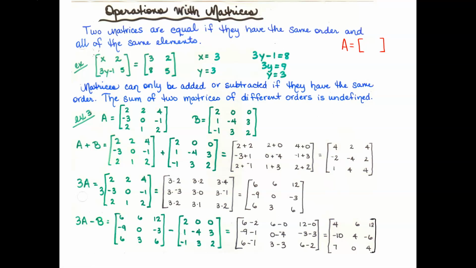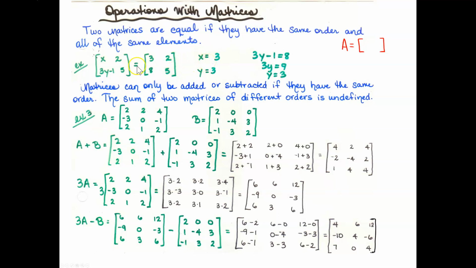So when they tell me that these first 2 matrices are equal to each other, then I automatically know that what's in the first row, first column in the first matrix has to be the same thing as what's in the first row, first column of the second matrix. So I know that x is equal to 3.